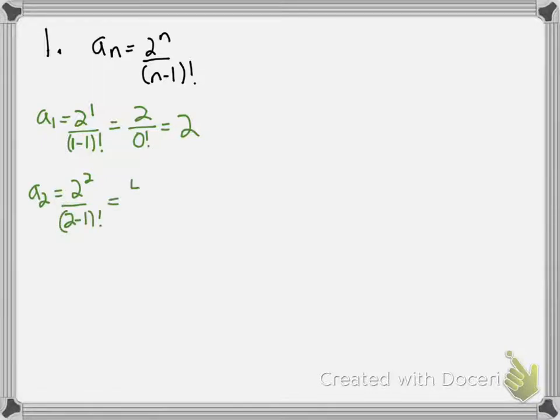Gives me 2 times 2 is 4 over 1 factorial, which gives me 4. A sub 3, 2 to the third power over 3 minus 1 factorial. So that gives me 8 over 2 factorial, which is just 2.